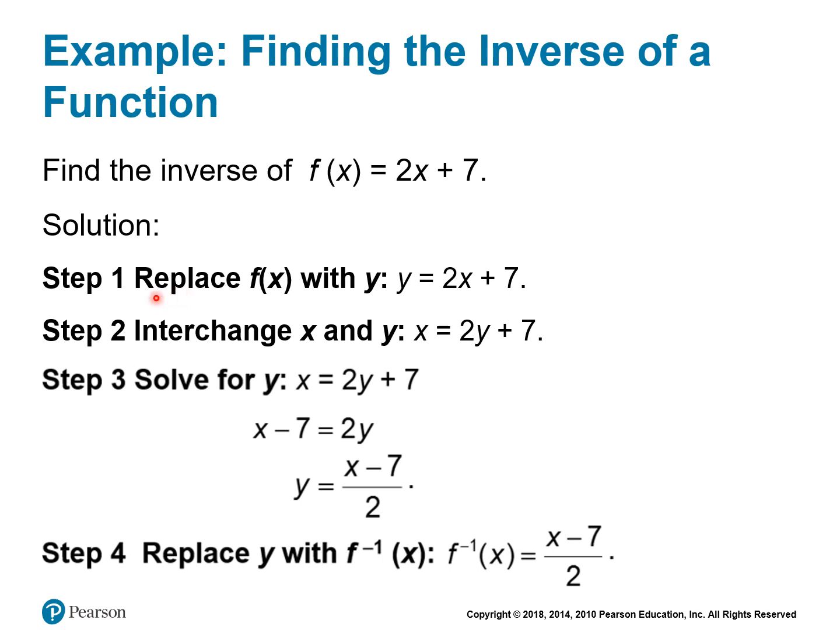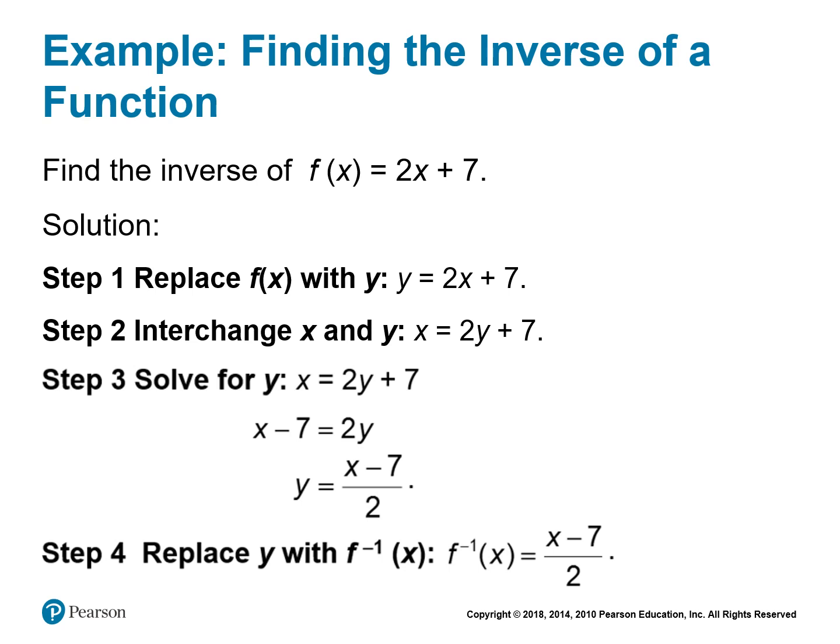So the first step was to replace f of x with y. It's a very simple step. Just replace f of x. Remember, f of x and y represent the same thing, right? So I'm going to work through the steps myself and write it down. It might be easier for you to follow.